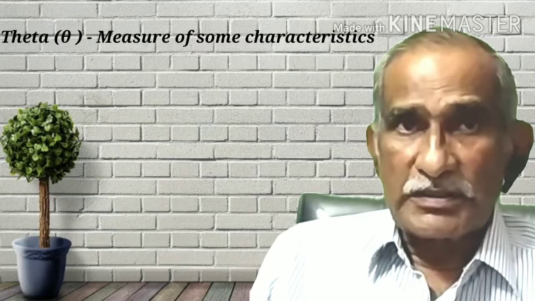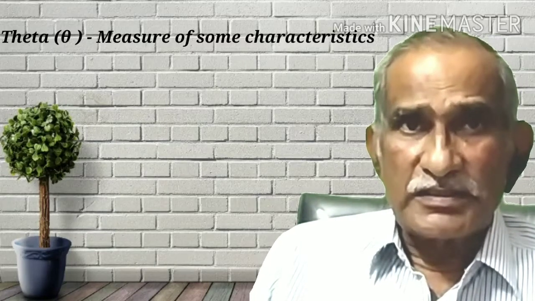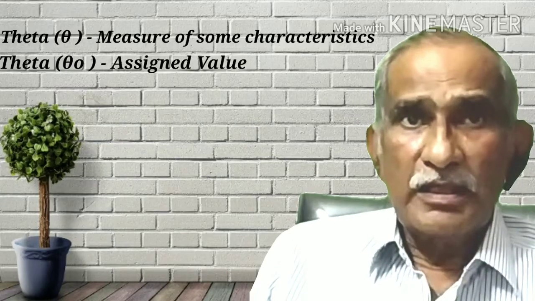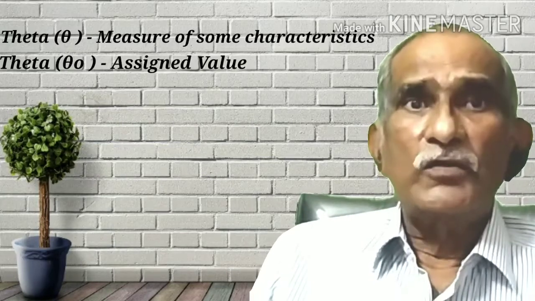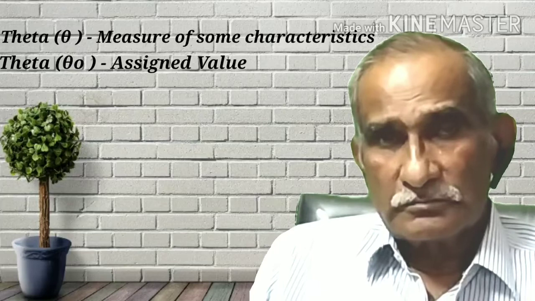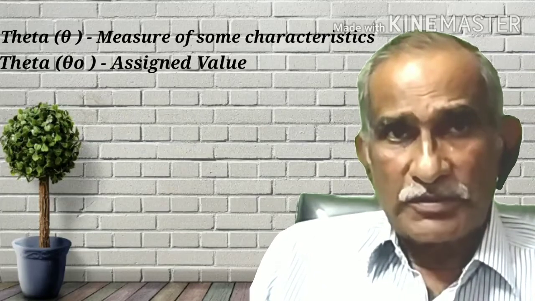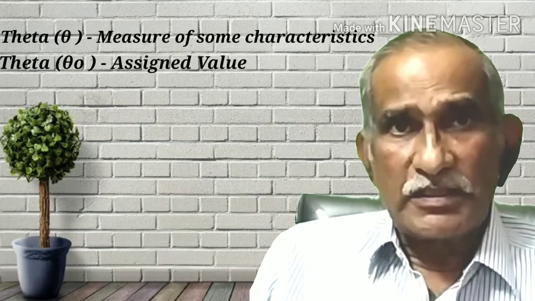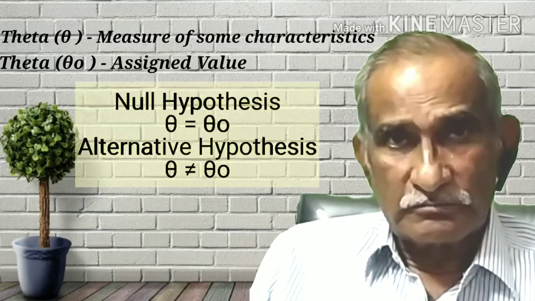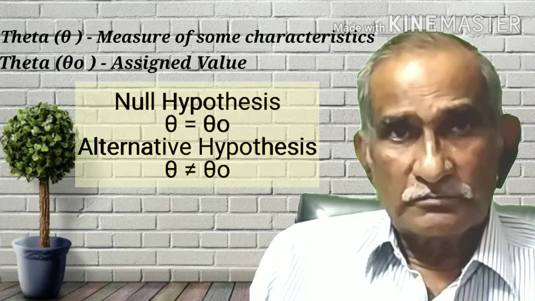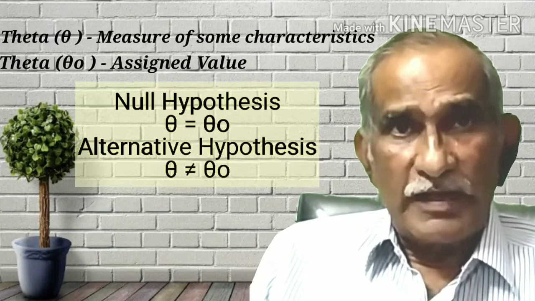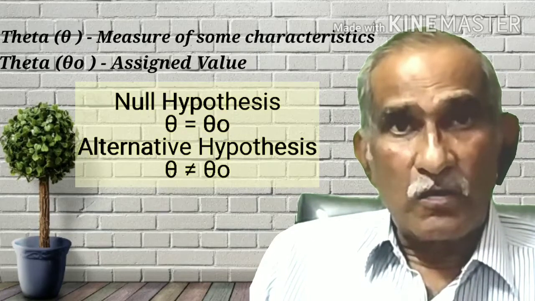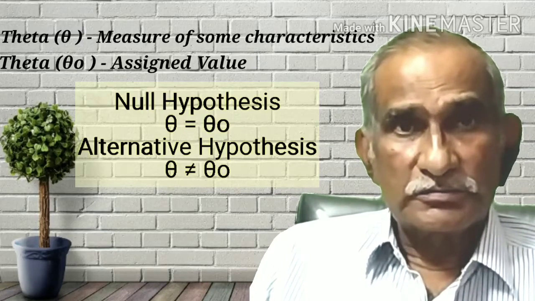And suppose that theta naught is some assigned value of it. So the null hypothesis is that theta equals theta naught, and the alternative hypothesis is theta not equal to theta naught.